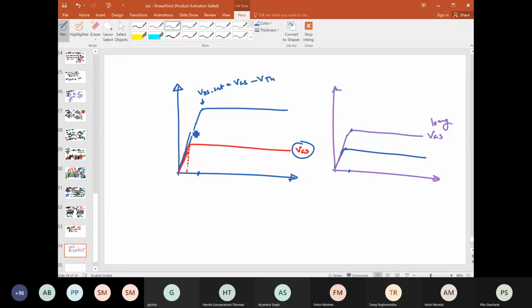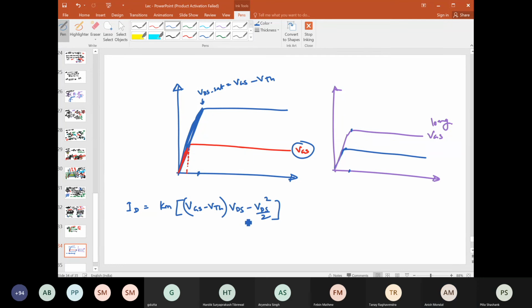As the current saturation depends on this value of VGS, if I write the equation for this region for a long channel MOSFET, I will write ID equal to Kn, then please guide me, please tell me. For the triode region, it is (VGS minus VTH) into VDS by 2, isn't it?